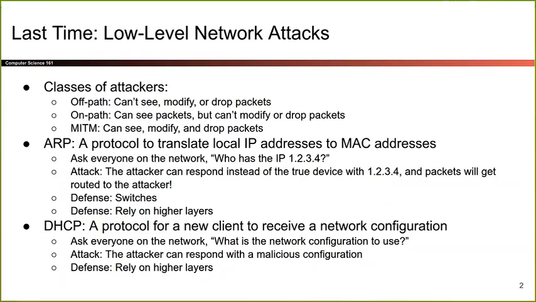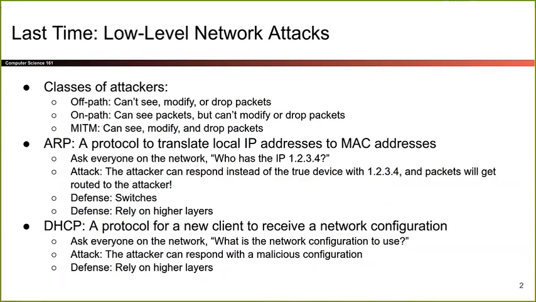And you just yell that out or broadcast it to the entire local network. And you wait to see whoever has that IP address will send you an answer and tell you, yeah, that's me, I have this IP address, and here's my MAC address. So that's the protocol. It's kind of simple, but it works.